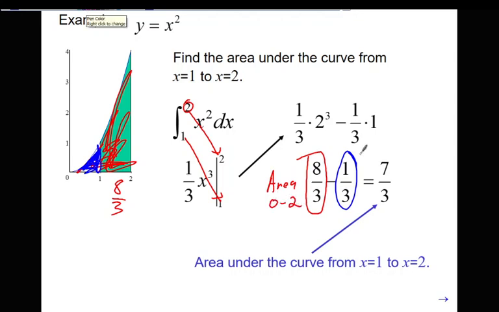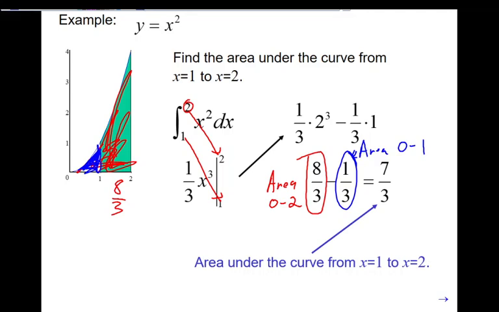But we don't want the area from 0 to 2, so we have to subtract the area from 0 to 1, so that we only get the area from 1 to 2. Okay? That's how it works. That is the definite integral.